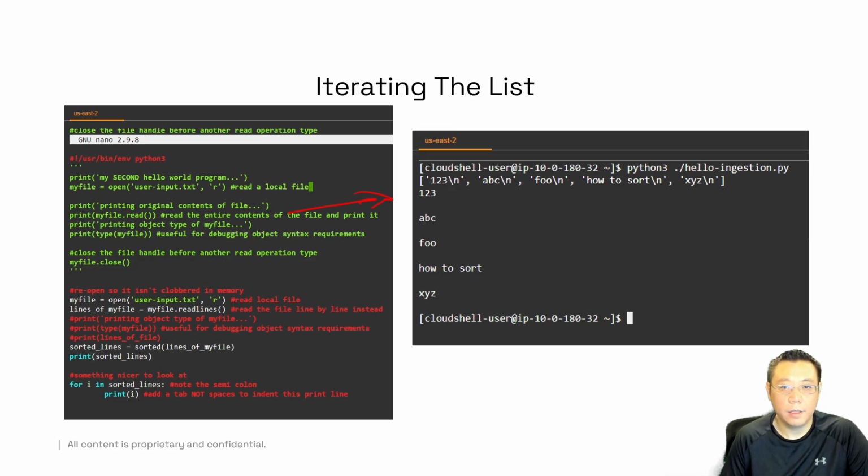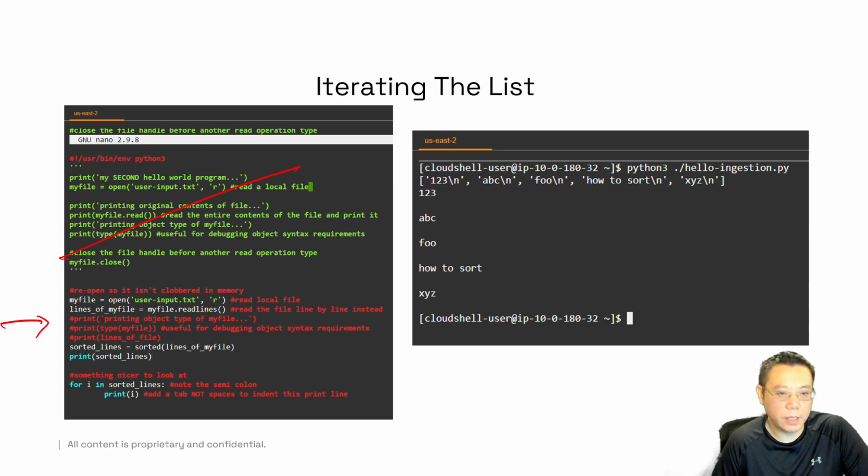Now let's go back. Let's iterate over that list. So what we have here is a modification. I've commented everything out up here. Pay attention to what's going on down here.